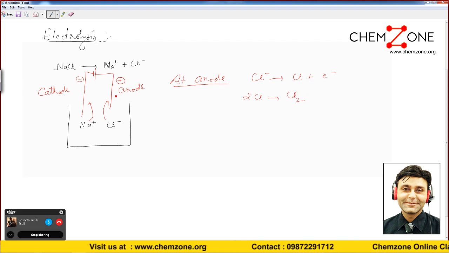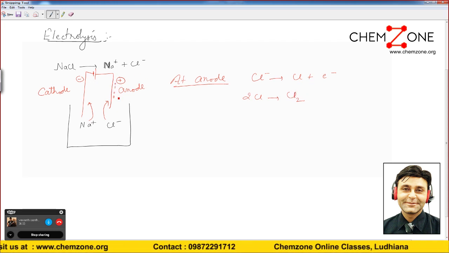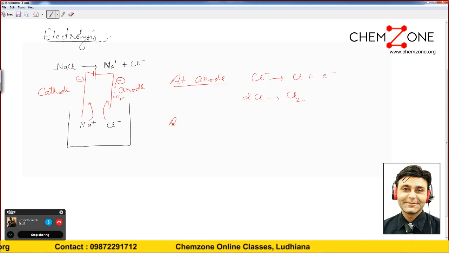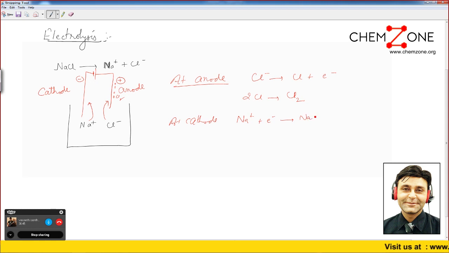So it means chlorine gas will be liberated here. And at cathode, sodium ions will be attracted. They will gain electrons and become sodium atoms. It means sodium metal will be deposited over here.